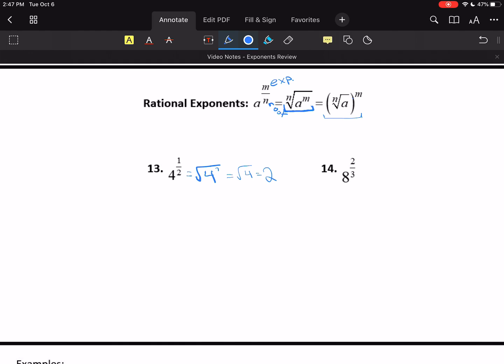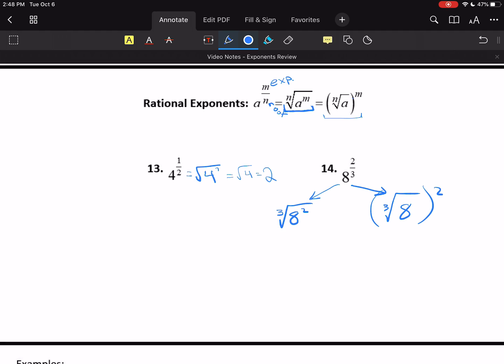Now, when we get to more complicated problems, like number 14, we have 2 options. And we're always going to investigate these 2 options and ask ourselves, which one's easier to evaluate? So option 1 is when I have the power inside the root. So I have the cube root of 8 squared. Second option, the cube root of 8, squared.